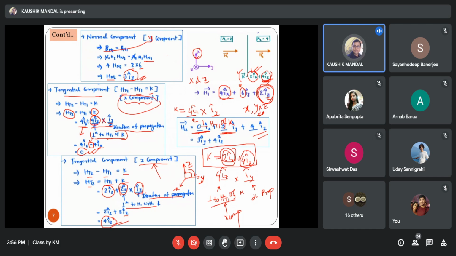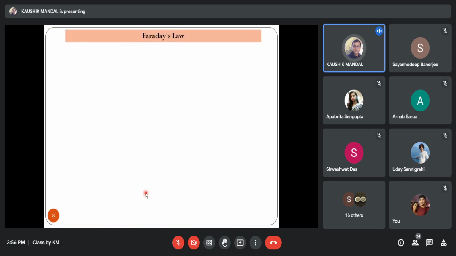Actually, Faraday performed different experiments on the time varying magnetic field. One of his observations is that if you handle a static magnetic field, that means the magnetic field is not changing with time, there is no induced current in the circuit.